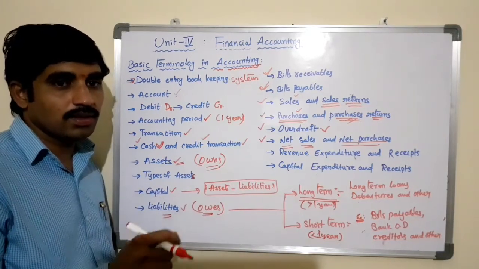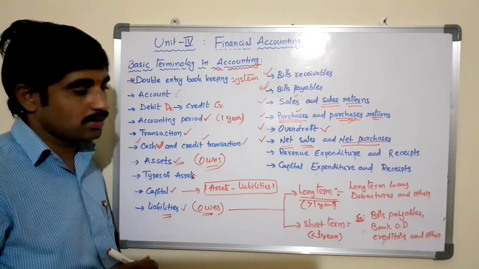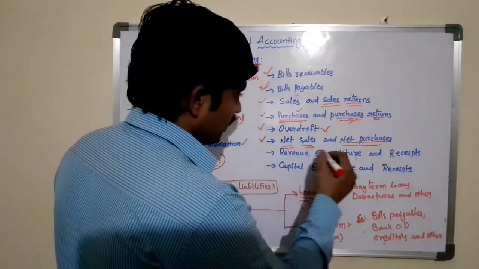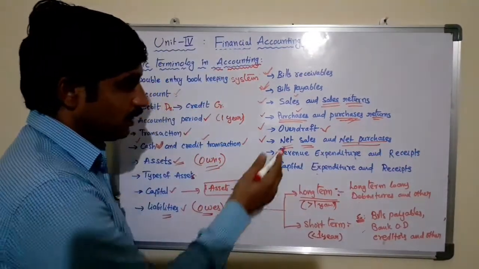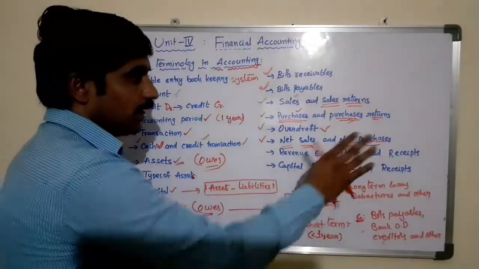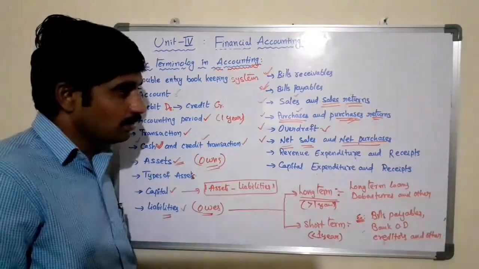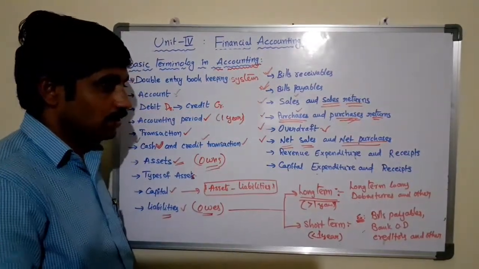For that they will charge more interest than the normal interest. Next, net sales and net purchases are already completed. Net sales is the difference between the total sales and sales returns. Net purchases means the difference between the total purchases and purchase returns.